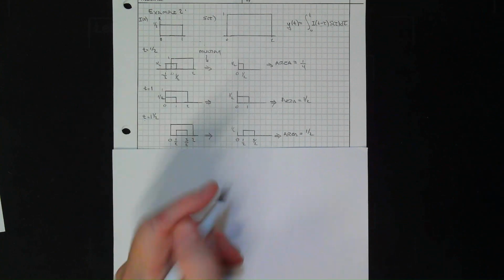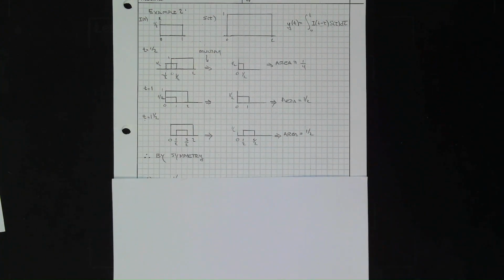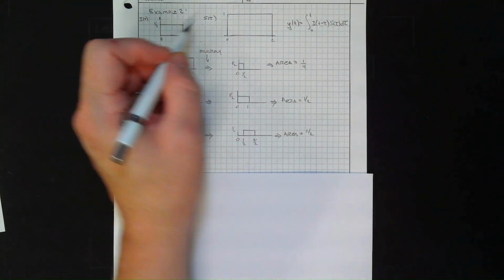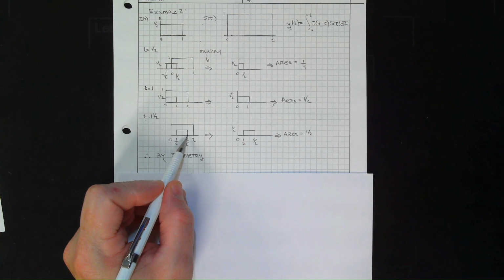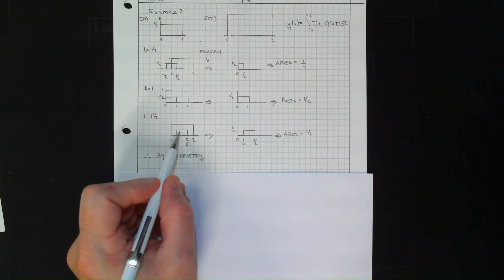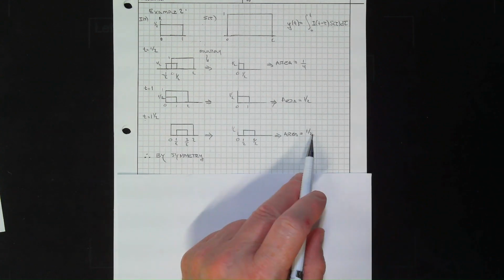The area is 1/2, because that's 1 by a half. Once we get to 1.5, we can continue. If we let this go for another half a second, you're still going to get your half.